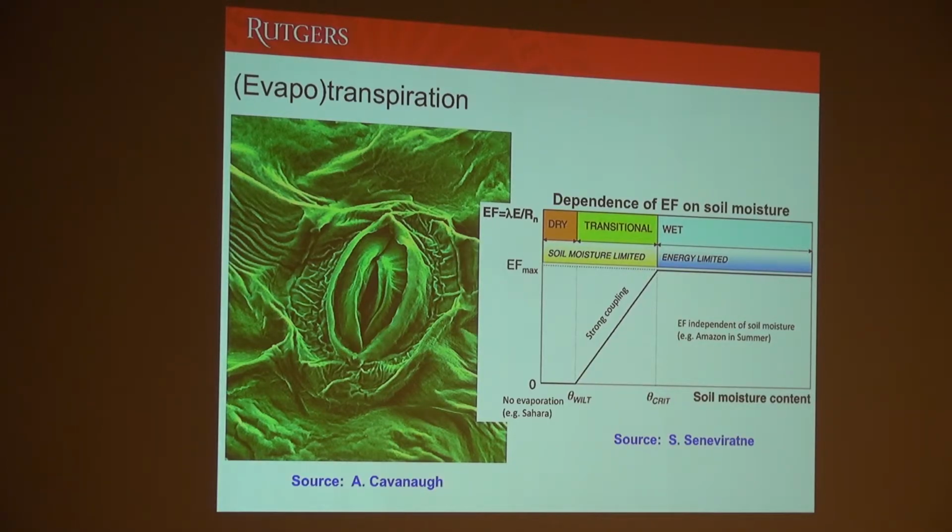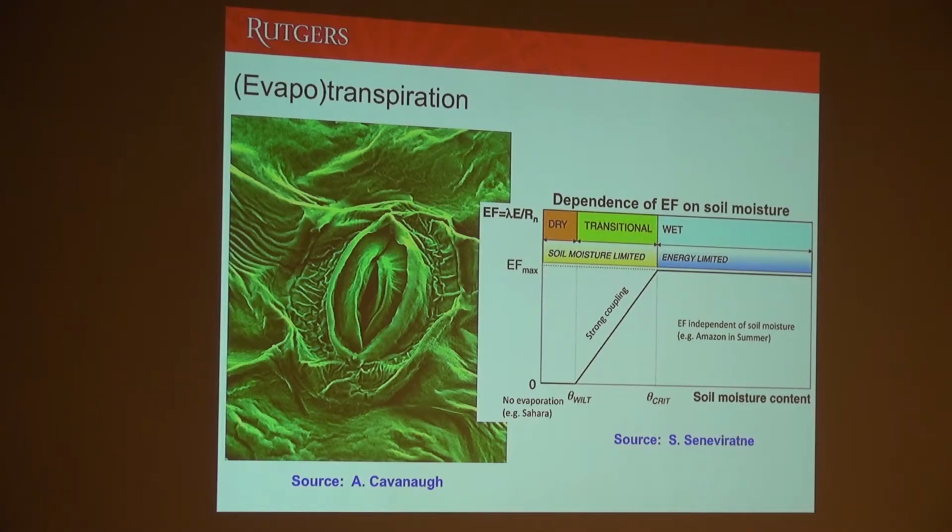We can also talk about the controls of soil moisture on evaporation. In the dry and transitional regimes, we talk about evaporation being soil moisture limited: there's plenty of energy available to drive evaporation, but if there's no water available to evaporate, you don't get any evaporation.